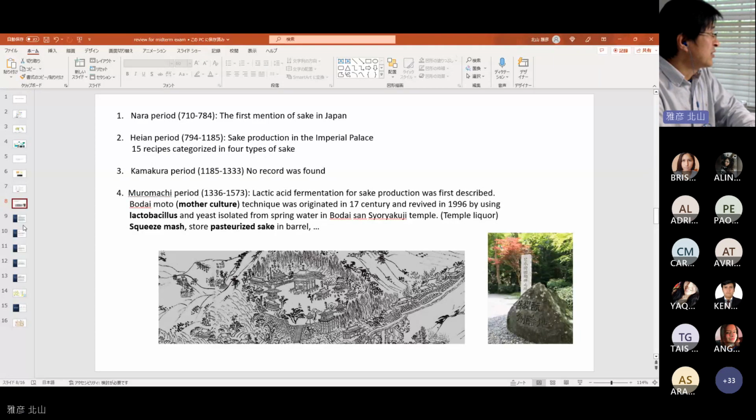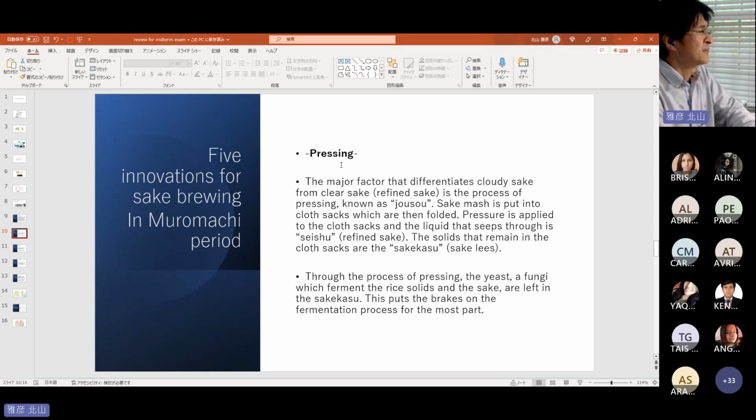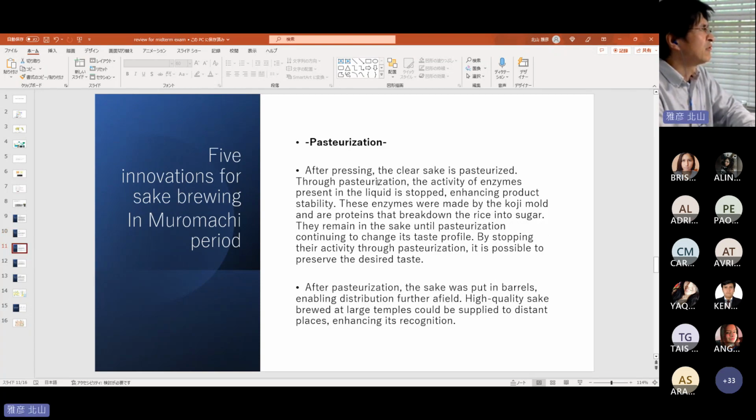One, and you may remember, they began to use polished rice. Two, they began to press to make clear sake rather than cloudy sake. And the third technique that they developed was pasteurization by heating.